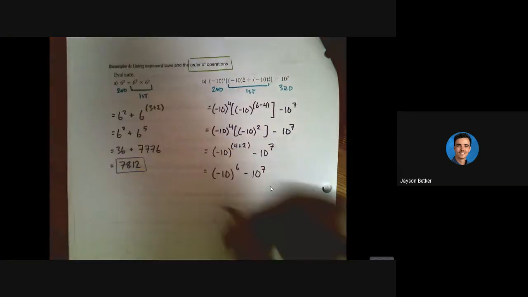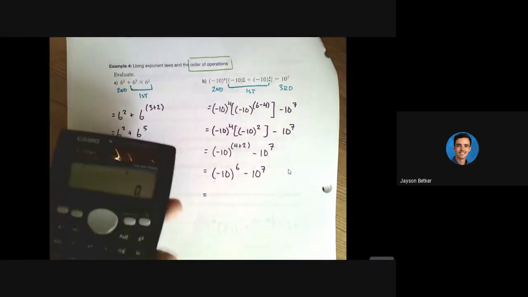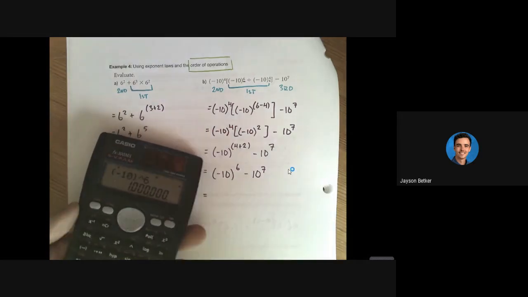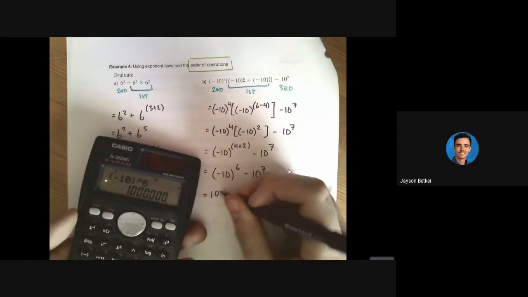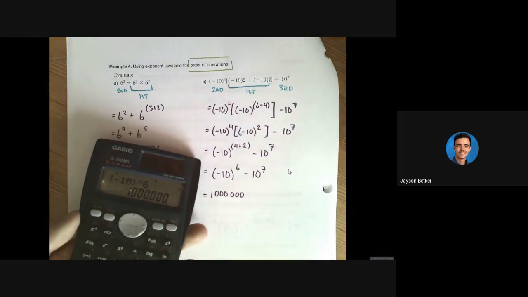So let's evaluate each of these separately. Remember, if the negative 10 is inside the bracket, we do it inside of the bracket in our calculator. So negative 10 bracket to the 6 should give us 1,000,000. Remember, you don't actually need to put this into your calculator.